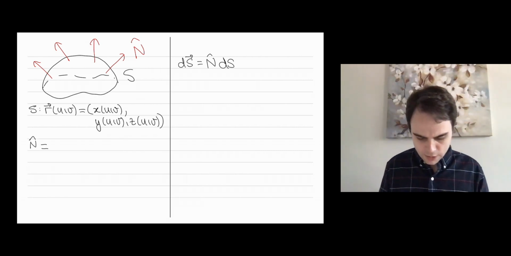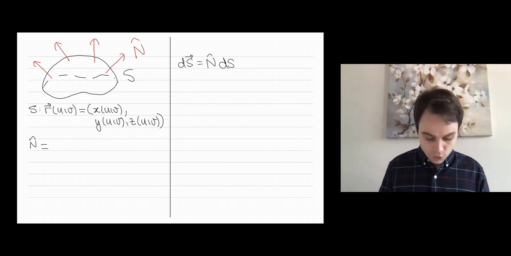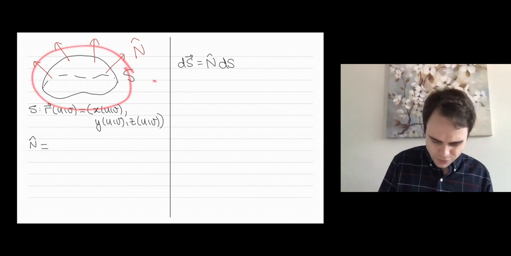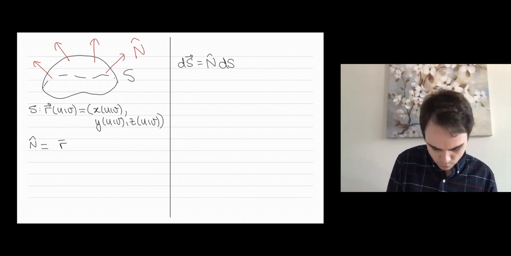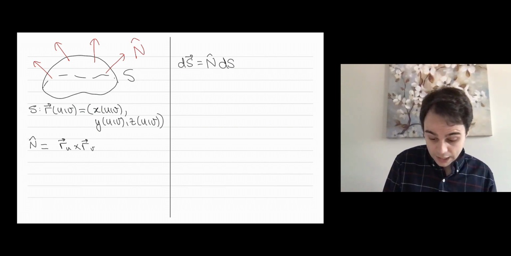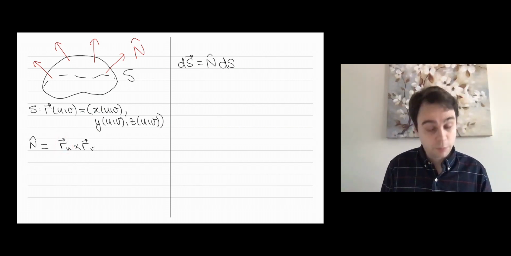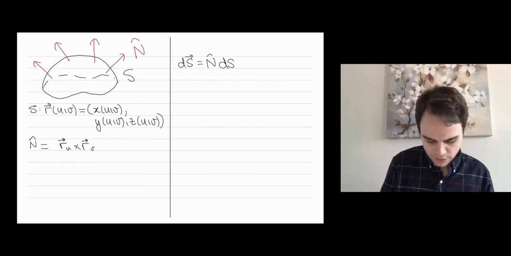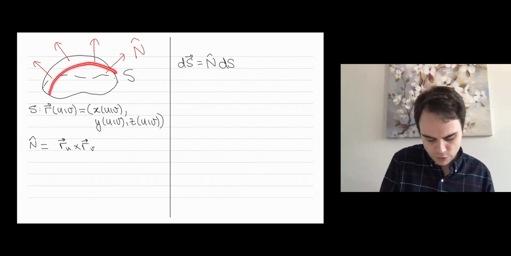How can we build a unit normal vector field here? We've talked about normals on surfaces before, right? We said that if I just fix one of the variables and let the other one vary, I get a curve on the surface. So if I fix v and let u vary, I get a curve on the surface.